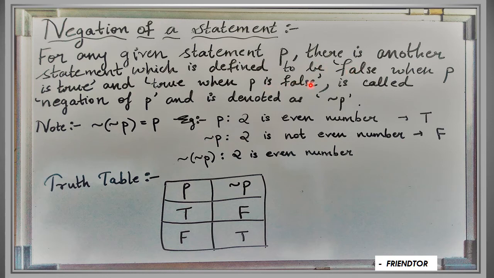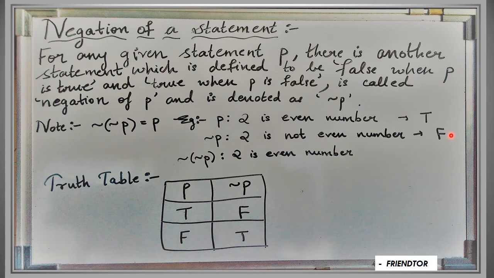Here P is true, so I have to negate it so that the statement becomes false. How will I negate it? The keyword is not. I will add not to the statement P, and I'll be able to negate P. So the negation of P will be: 2 is not an even number, and its truth value is obviously false.